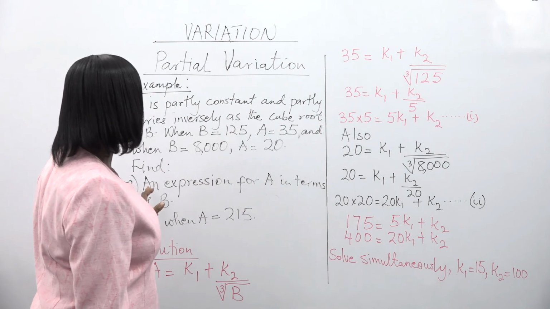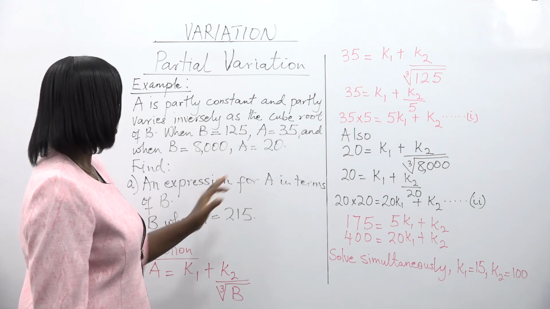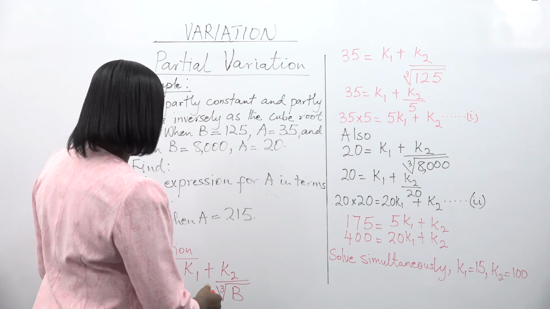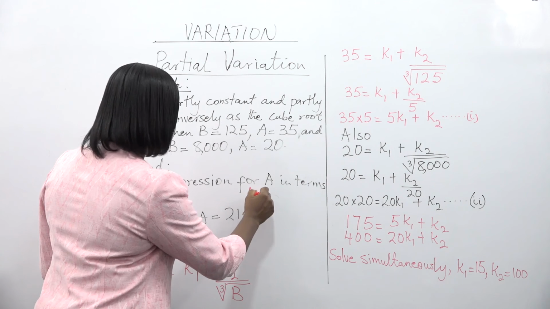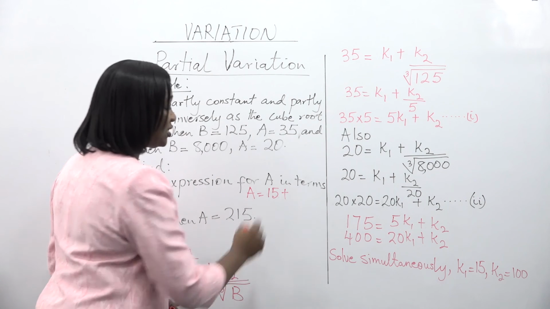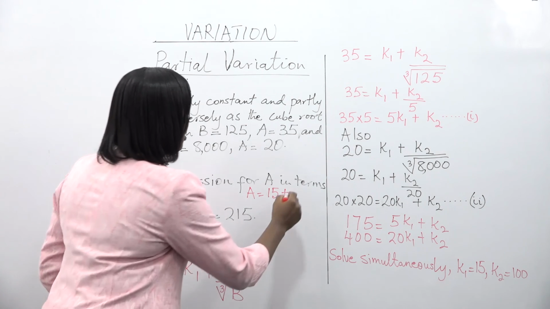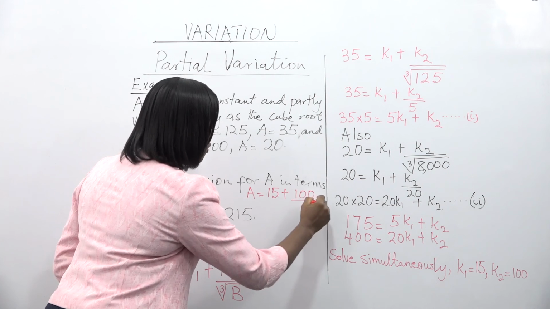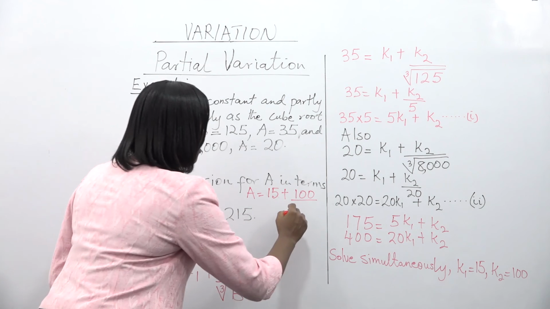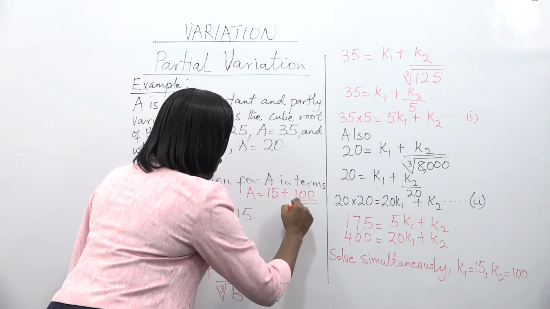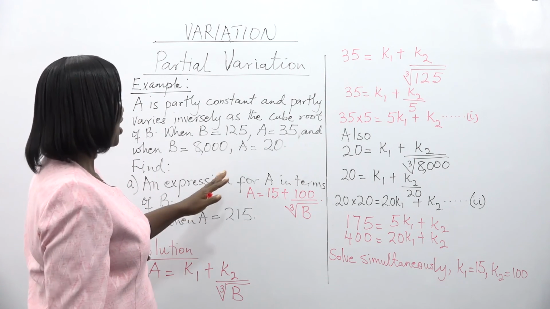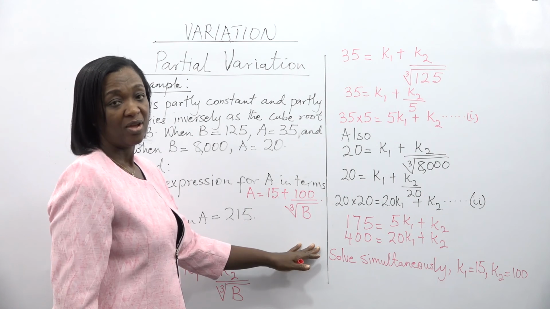The first question says, find an expression for A in terms of B. So that expression becomes A is equal to, K1 is 15, 15 plus K2 is 100 over cube root of B. So that's the expression of A in terms of B. We have simplified it.